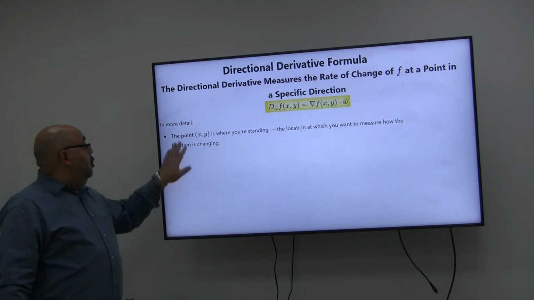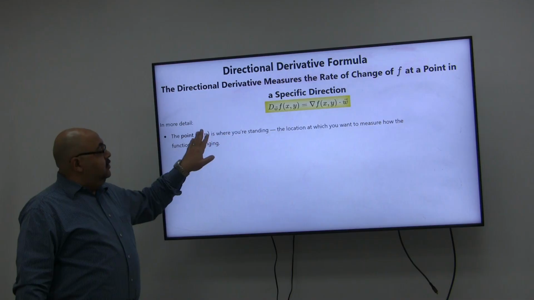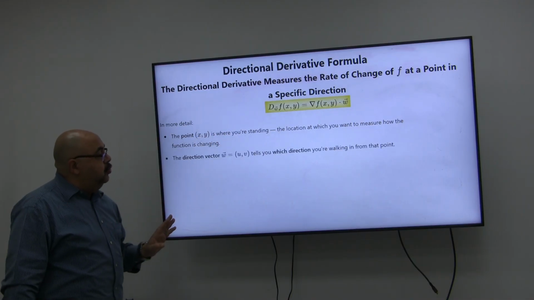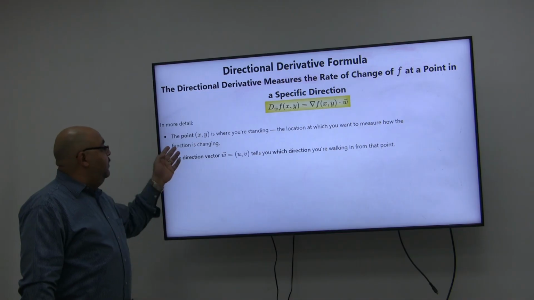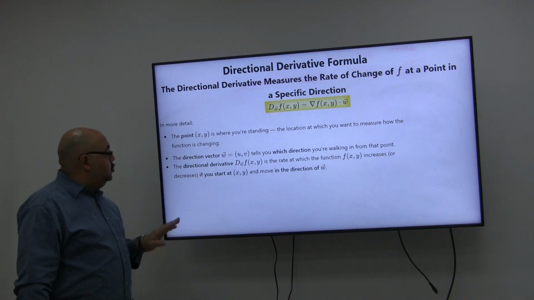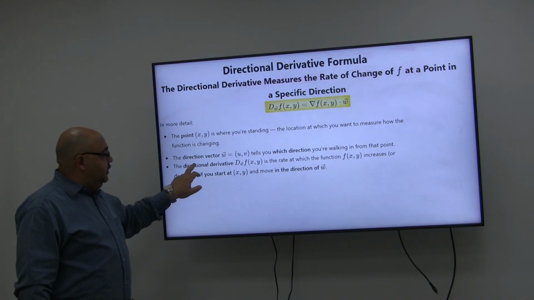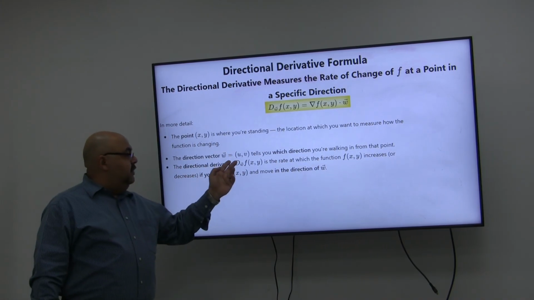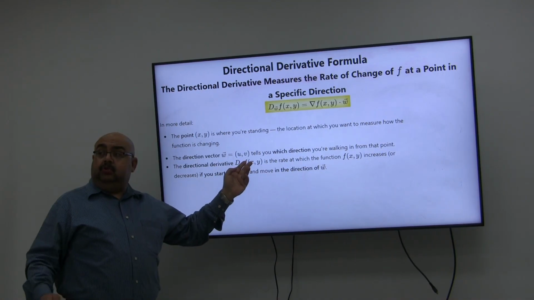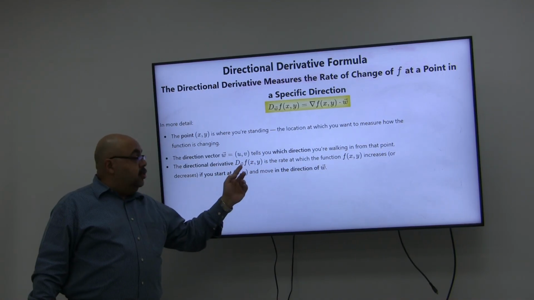So, in more detail, the point x y is where we are standing, the location at which you want to measure how the function is changing, and w is the direction. So all I have to do is get the directional derivative, which is the derivative of f at the point x naught y naught in the direction of w.